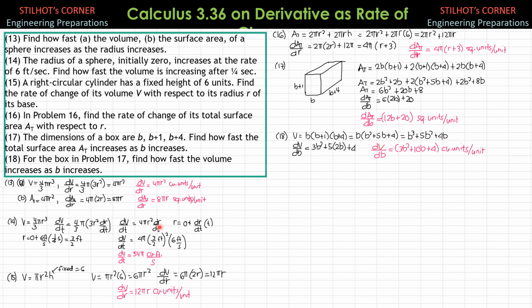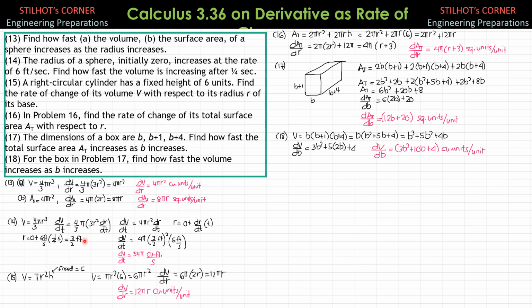But dr/dt is equal to 6 feet per second, and the radius is R sub 0 plus dr/dt times time. So rate of change of radius times time would be the change in radius, then plus initial radius, which is 0. So R is 0 plus 6 feet per second times 1/4 second.